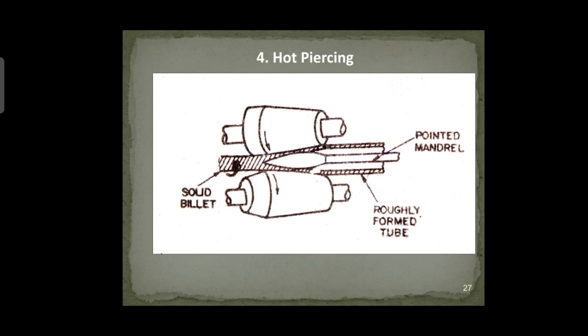Why? Because it is a hot billet. When you are applying the mandrel here, you can see at the right side the formation of the tube taking place. So this is how you can produce seamless tubes by this hot piercing process.